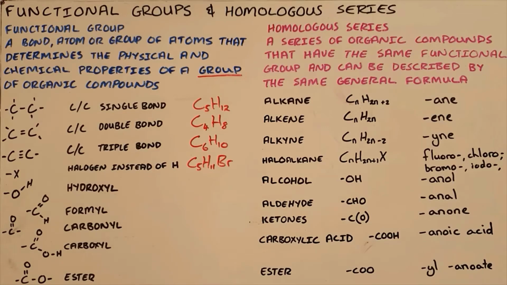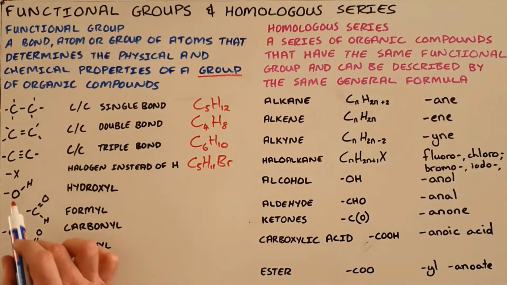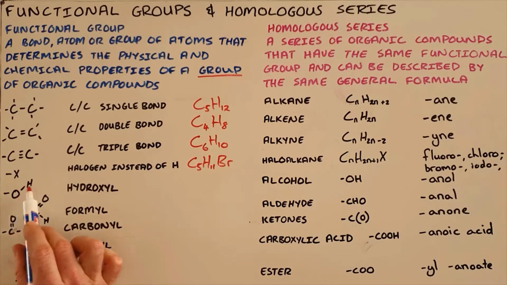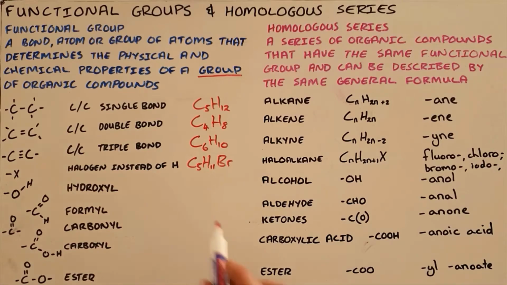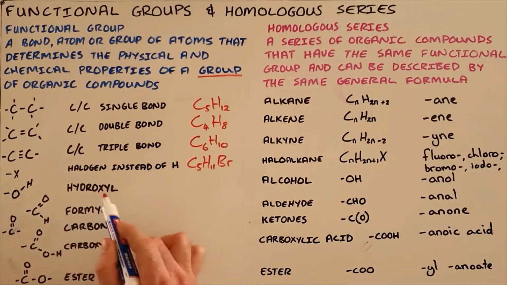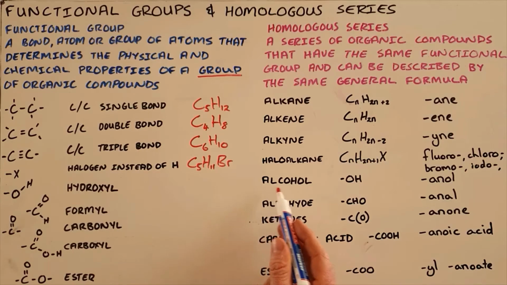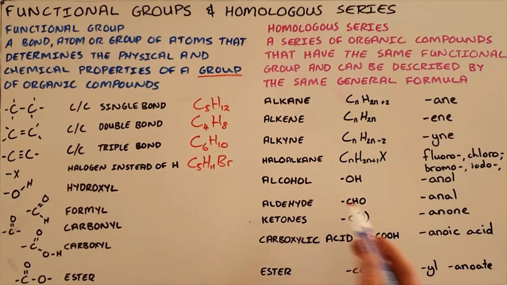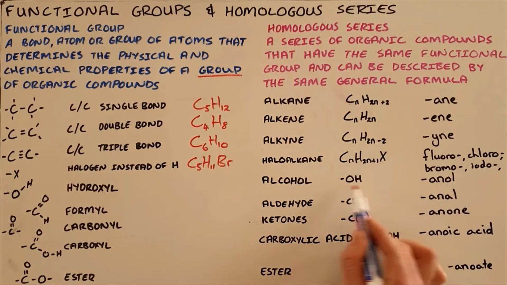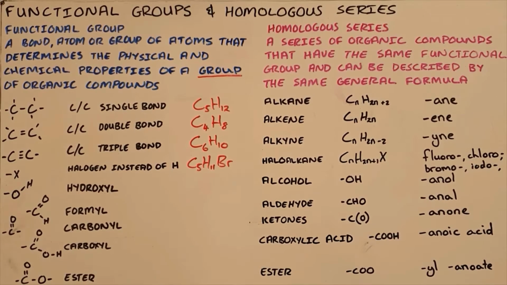The next type of functional group is known as the hydroxyl group, that is an oxygen single bonded to a hydrogen. And any compound that contains this hydroxyl group would belong to the homologous series of the alcohols and would therefore get a suffix -anol. In condensed structural formula that is represented by an OH.